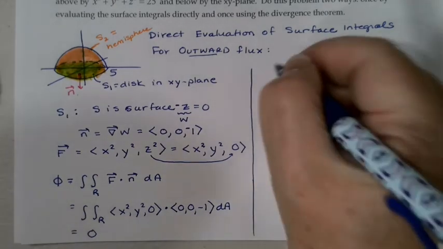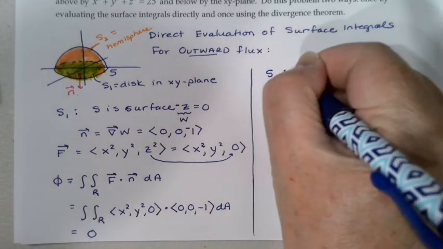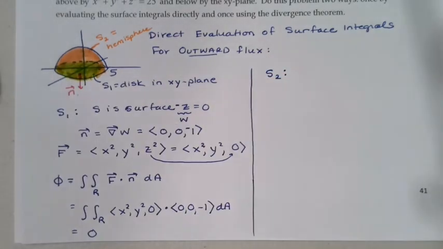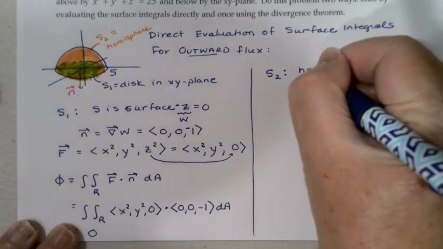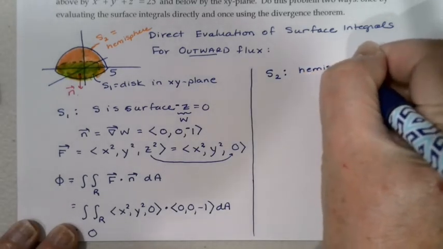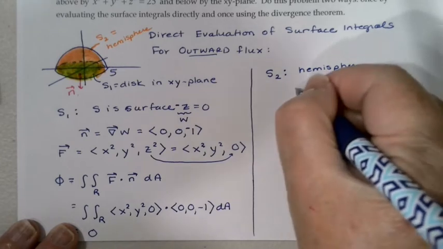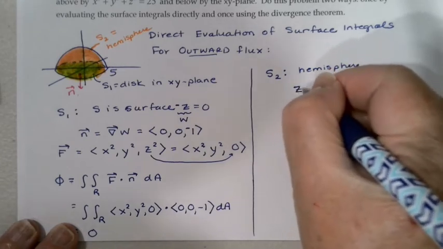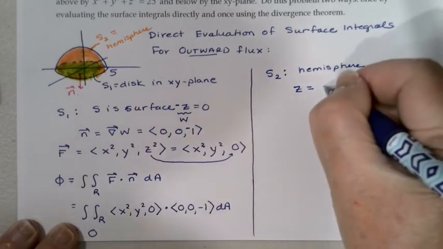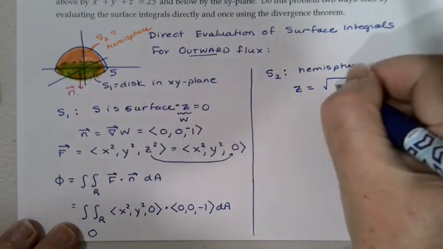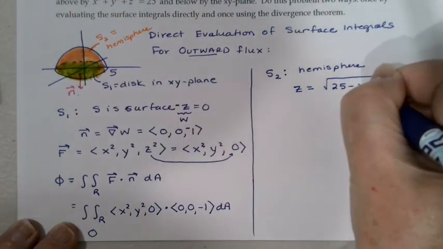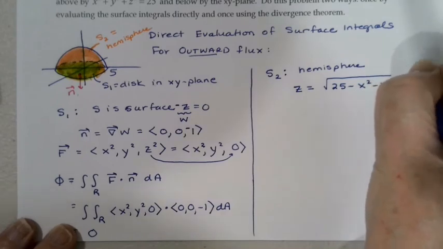Let's try S2. That's the surface of the hemisphere itself. So let's see. In this case, the surface is z equals, if I just solve my equation for z, the square root of 25 minus x squared minus y squared.